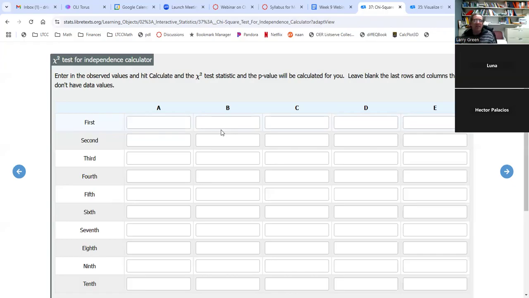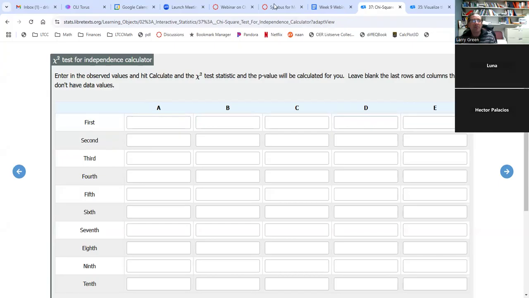But I do let you know that sometimes in the real world you'll have more. And in that case, if you really wanted, you can use the spreadsheet that we use for the project. Click on the chi-squared and then you can do as many as you want because it's a spreadsheet. But this calculator will work for everything we do in our class. But if, say, you get a master's degree and you're working on some master's thesis and you want to use this calculator, it may not work because you might have too many variables, if that makes sense. So I want to give you a heads up for the future, not for this class.